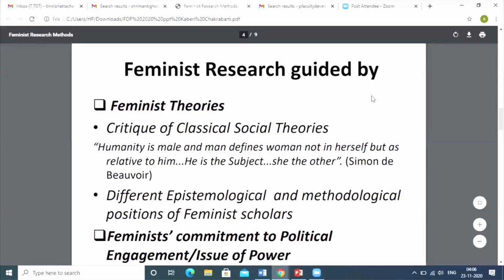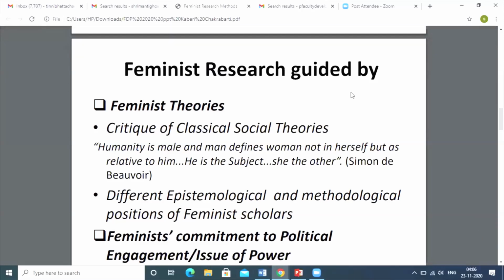Now, in short, the feminist theories are mostly addressing the critique of classical social theories, how they are broadly androcentric in nature, cutting across the inherent divisions within the feminist schools.